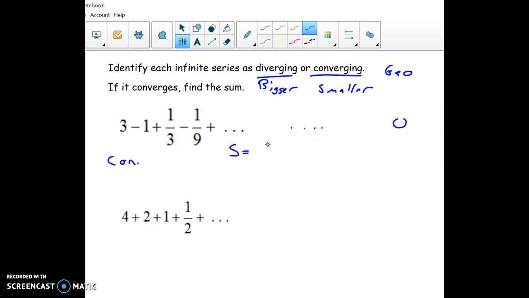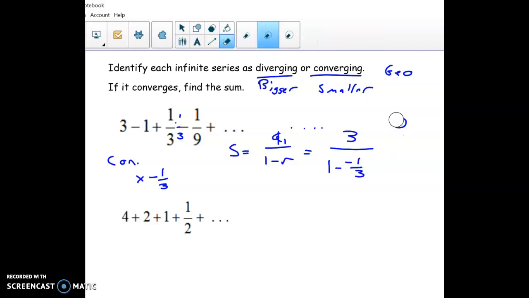So the sum formula is a1 over 1 minus r. For this series, a1 is 3, and r looks like we're multiplying by -1/3, right? We're going negative, positive, and if you take 1 times 1/3, you get 1/3. So r is -1/3.